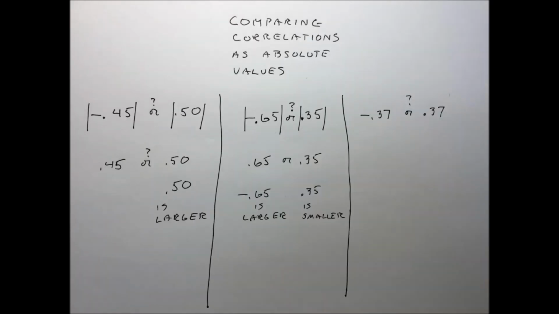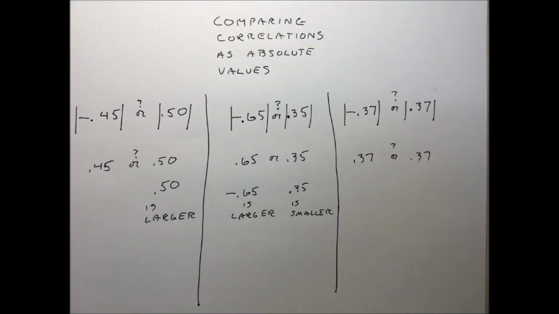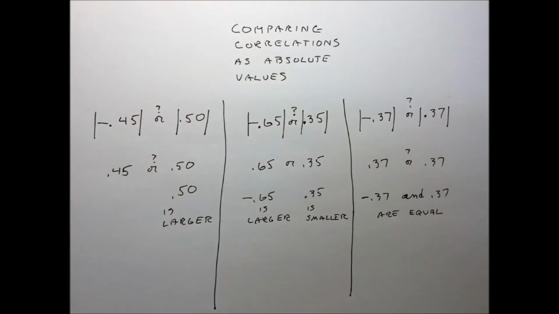And here's an easy one for you. Which is larger? Which is smaller? Minus 0.37 or 0.37? This means, of course, that we're going to consider their absolute values regarding which is the larger or the smaller. Do you see what the problem has turned into now? Indeed, correlations of minus 0.37 and 0.37 are the same size.